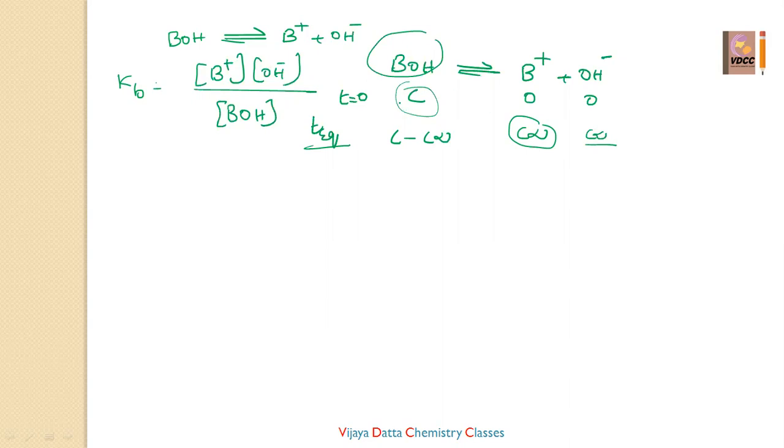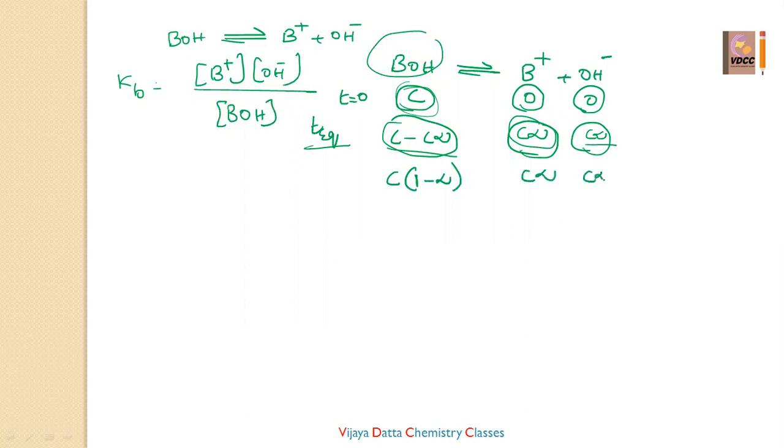So these are the initial concentrations, and this is the concentration at equilibrium for BOH. Can I write C minus C alpha as C into 1 minus alpha, taking C common? This is C alpha, and this is also C alpha.